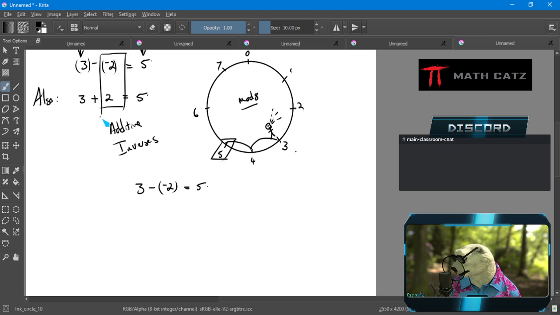Now, understanding the relationship between addition and subtraction and additive inverses allows me to say, well, I subtract by an integer. That is the same as adding its additive inverse. I'm just trying to look for the simplest way to not make more of this than we need to.